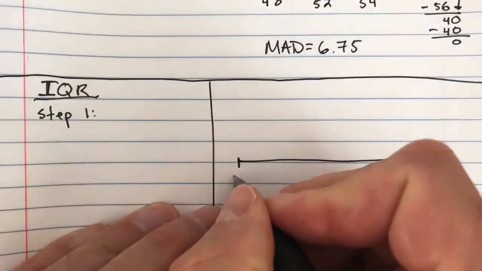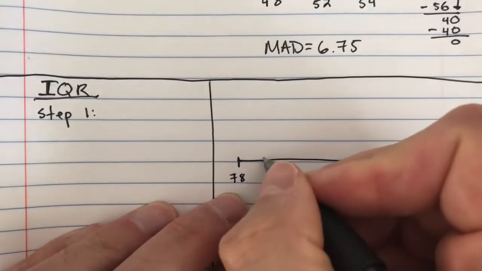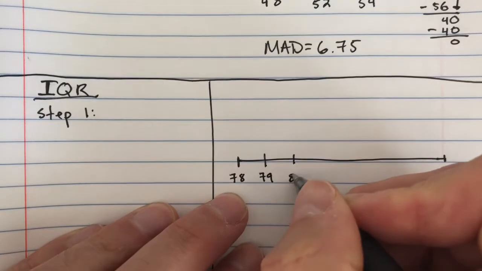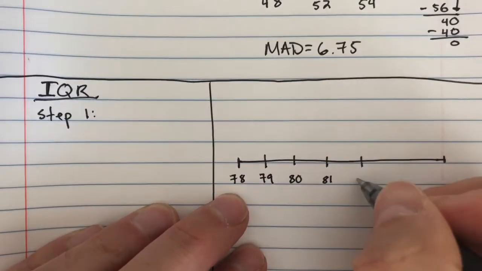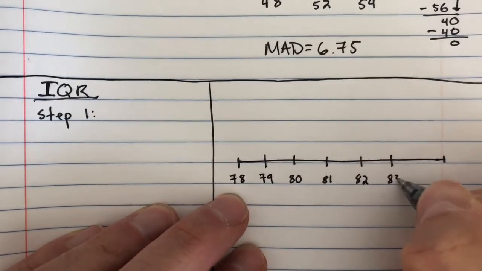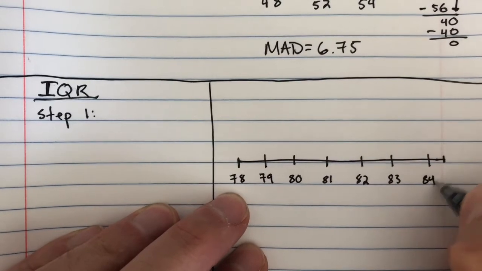We're going to make this 78, and we're going to go all the way to 84. 79, try to make them as equally spaced as you can, as always. Not that it really matters for this lesson, but you should always get in the habit of doing that. 83, and then 84.